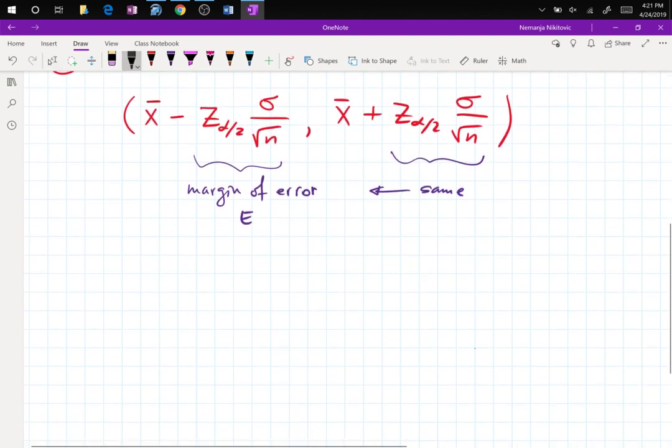Now, before we do any of the problems, no new calculations here. You have the formula, just plug stuff in. And you know how to use the z-score chart. So no new calculations, no new concept, sorry.